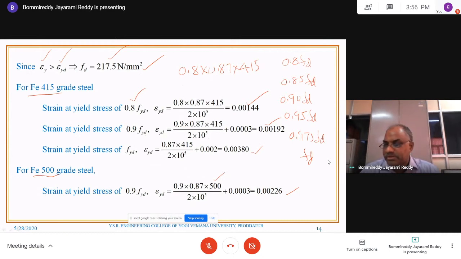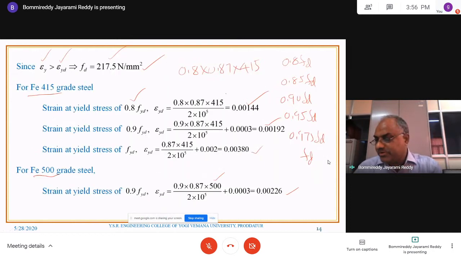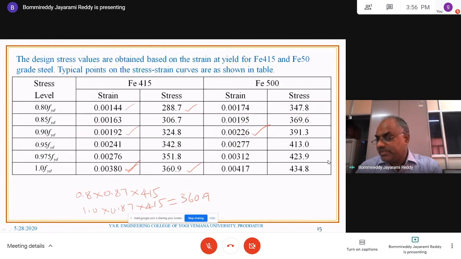This is how the strain in a reinforcement is computed. This is a table. Don't remember any table. All these values you can derive based on the previous calculations. You can see here how you got various magnitudes of the strains and also the stresses. Don't remember any of the values, not required.